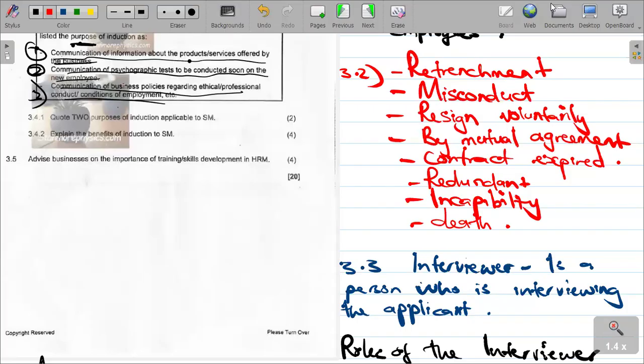Question 3.5. Advise businesses on the importance of training or skills development in human resource management. So why is it important to train employees? One, employees feel valid when they are receiving training.